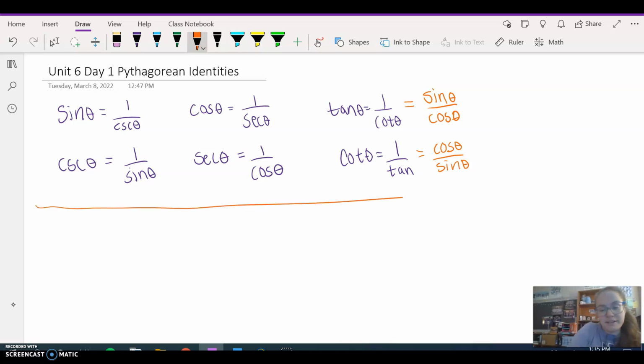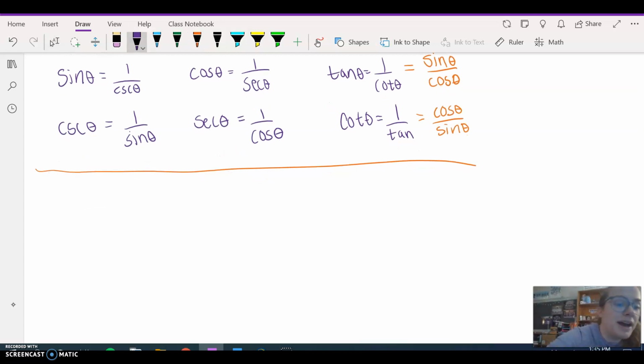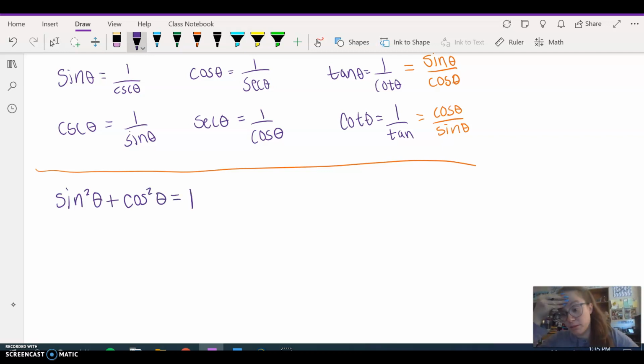The main Pythagorean identity that we're going to use: anytime you have sine squared theta plus cosine squared theta, it is always going to equal 1, the radius of the unit circle. So let's do 1/2 and root 3 over 2 and see if this even works.